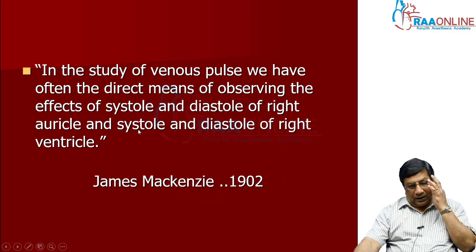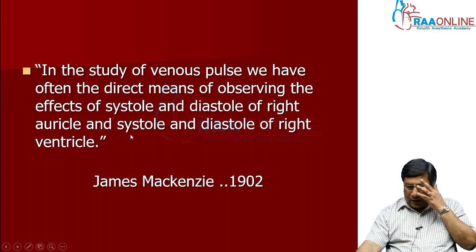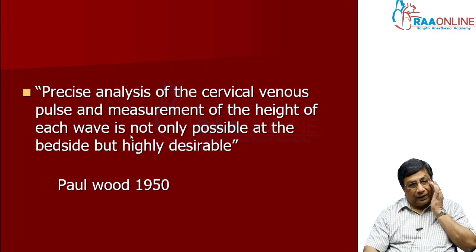So these are some of the quotes from the big authors. In the study of the venous pulse, we have often a direct means of observing the effects of systole and diastole of the right auricle and systole and diastole of the right ventricle. They say you can monitor the right atrium and right ventricle through the JVP.